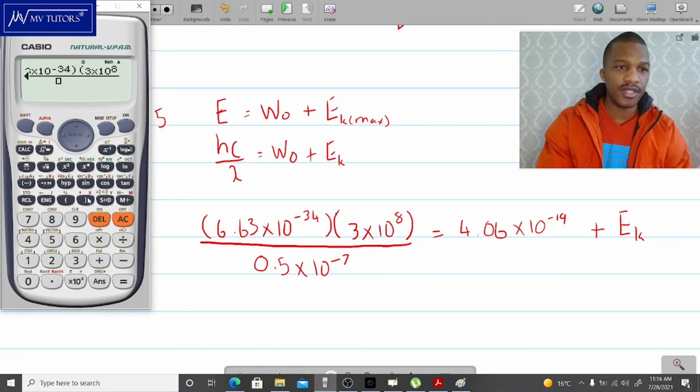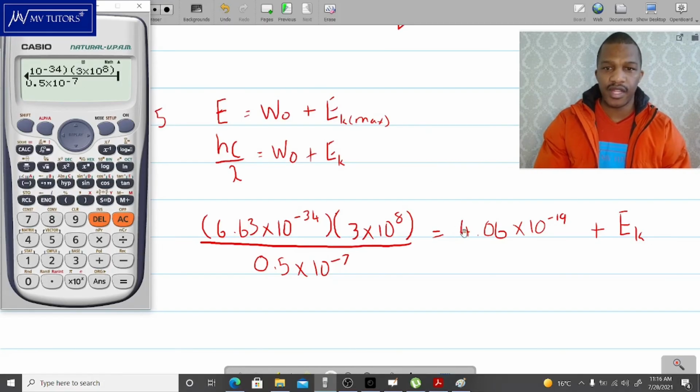Come to the side, I'll close that. I'm gonna go downstairs now, and I'm gonna put 0.5 times 10 to the power negative 7.